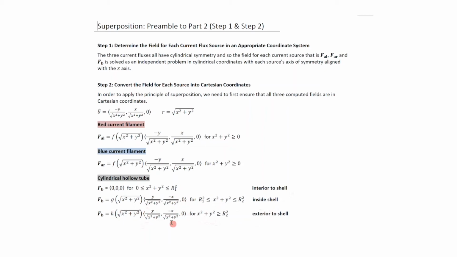If you're outside, again, it's still counterclockwise. Then it takes on this form, for x squared plus y squared greater than r2 squared. So we expect this scalar function to differ from this scalar function when looking at the field inside the shell versus the field exterior to the shell.